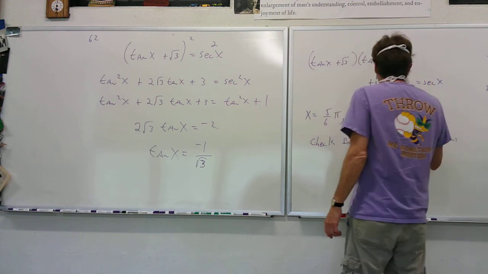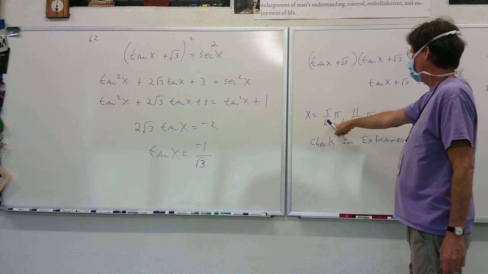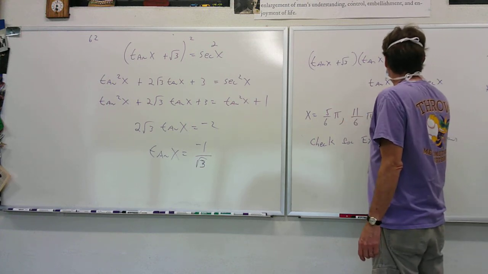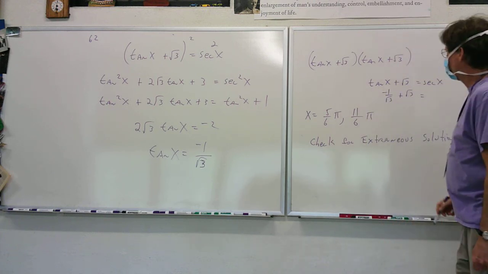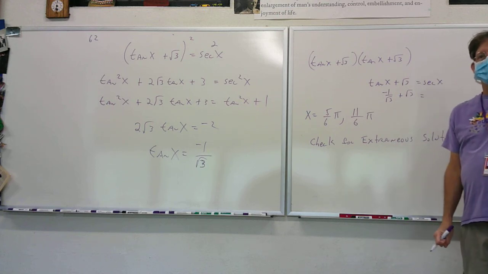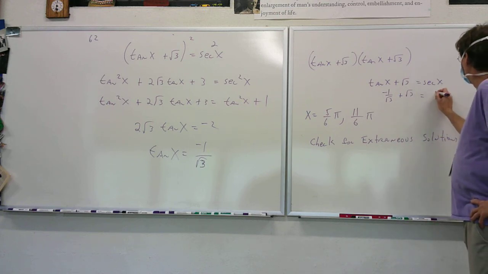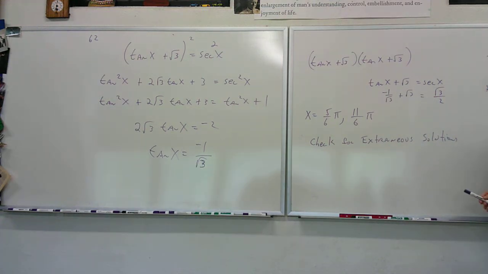Okay. So the tangent of 5 pi over 6 is negative 1 over the square root of 3 plus square root of 3 equals, and what's the secant at 5 pi over 6? It's the reciprocal of the cosine, and that's what? Square root of 3 over 2? And, check it out, it does work.